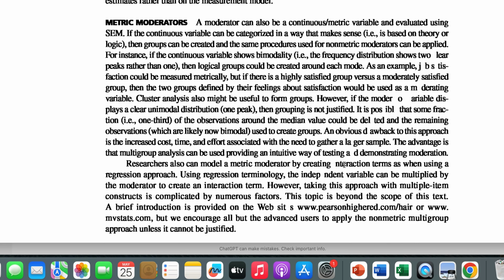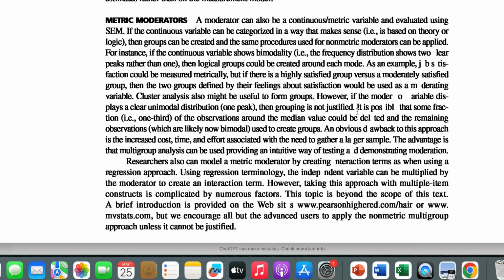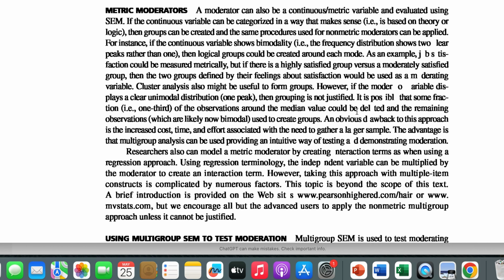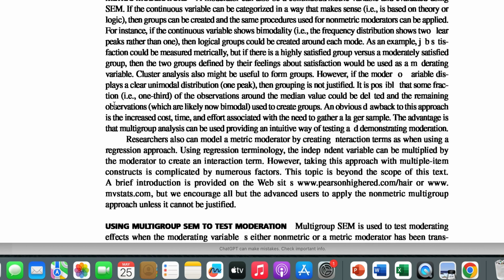However, if the variable displays a clear unimodal distribution with one peak, then the grouping is not as easy. It is possible for some fraction, say one third of the observations around the median value, to be deleted, and the remaining observations used, but this has increased cost, time, and effort associated with the need to gather the sample.